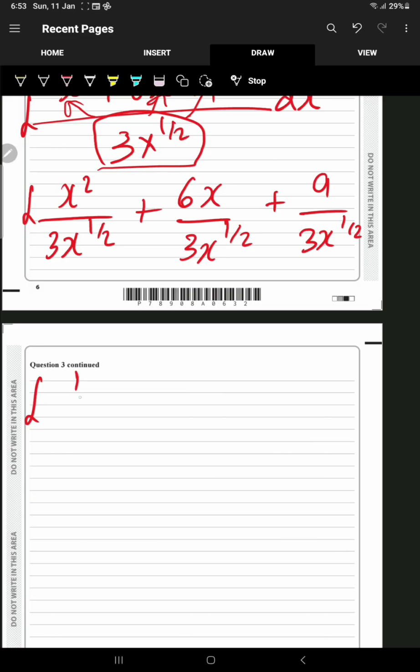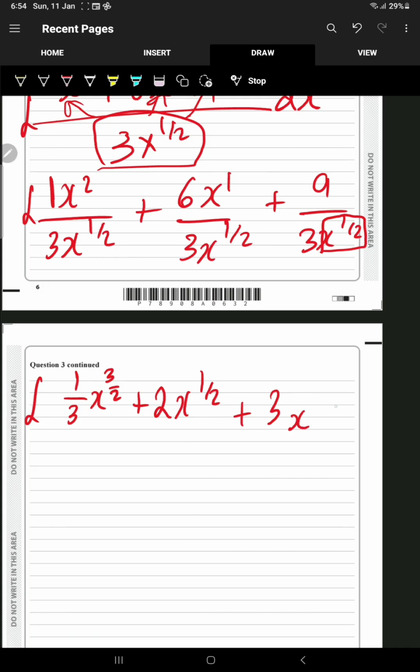So this is going to give us 1 over 3 x, and 1 divided by 3 is just 1 over 3, and 2 minus a half is going to give us 3 over 2, plus 6 over 3 is just going to give us 2, and 1 minus a half is just a half, plus 9 over 3. Well, 9 over 3 is going to be 3.